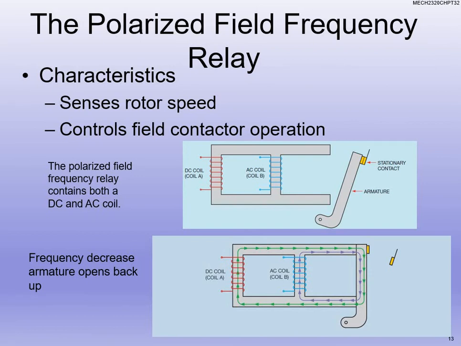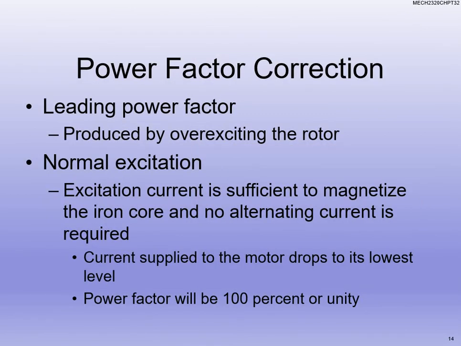Okay, so the frequency can decrease. I can't speak today, guys. I'm sorry. Decrease. Okay, and so if the frequency decreases, the armature opens back up. So when the frequency increases, the armature closes. So that's how it's detecting, and opening and closing the armature of that contactor, okay?